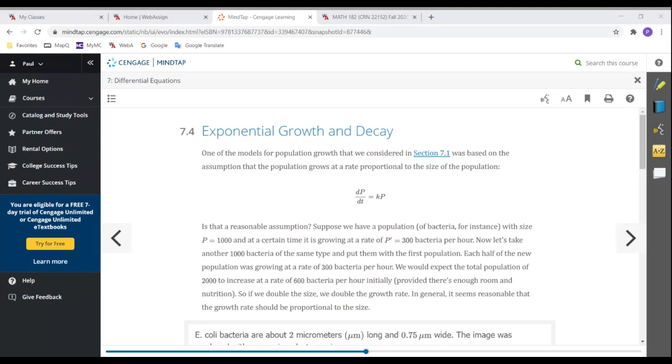And then, of course, we learned about Euler's method, which would allow us to approximate solutions to differential equations, initial value problems. And then, of course, in section 7.3, we learn about separable differential equations. And separable differential equations are ones where you can separate the variables and solve explicitly.